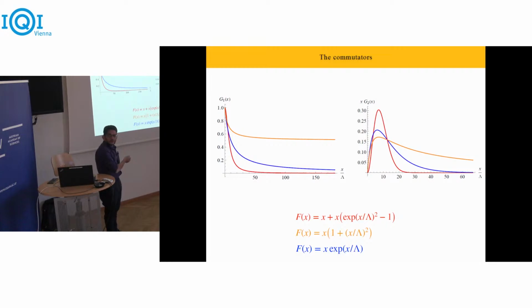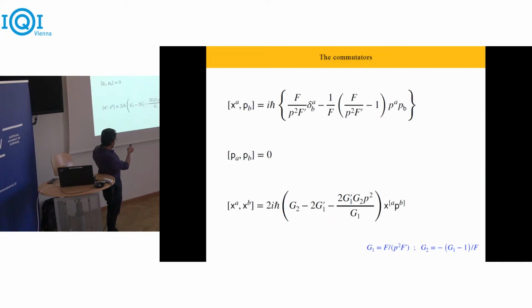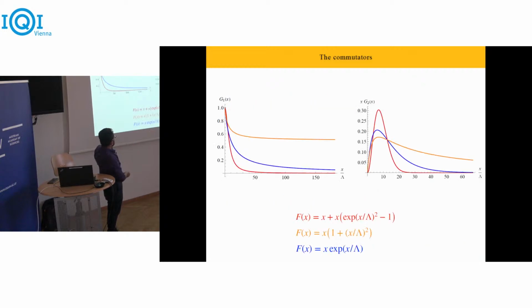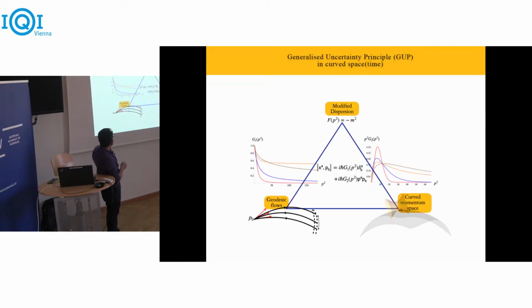Here are some forms, but I think I should just move on. For some very popular Lorentz invariant dispersion relations we plotted the RHS of the previous expression; this is G1, this whole thing is G2, and that is how it looks, but I can come back to it later, it is not relevant.